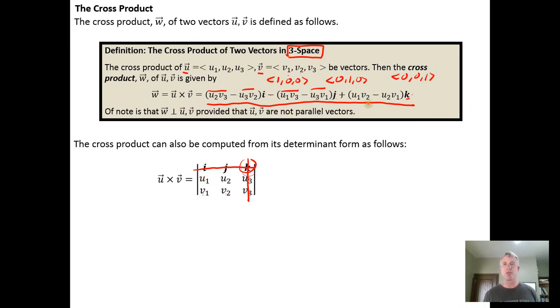So it'd be u1 v2 minus u2 v1. There's the u2 v1. So the determinant calculation tends to be fairly easy to remember.